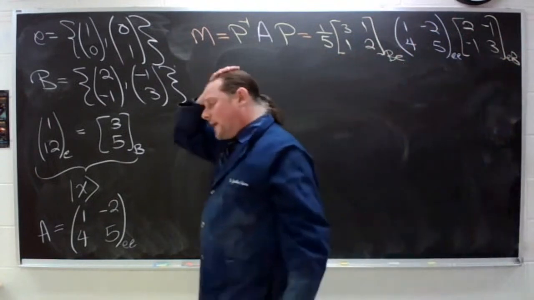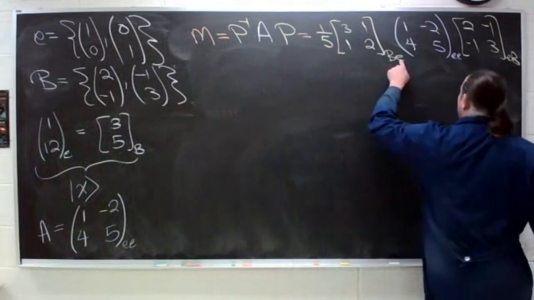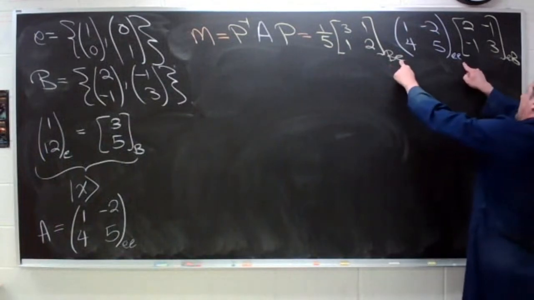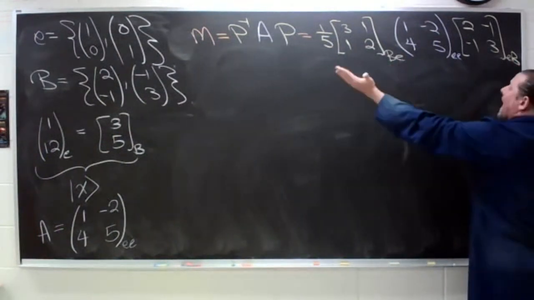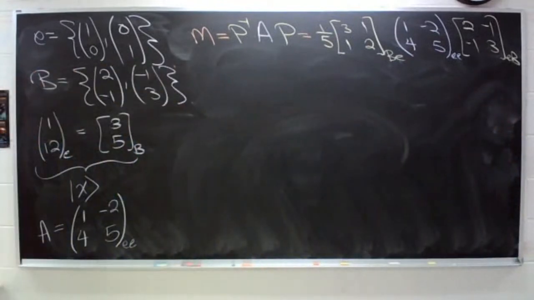And you can see how the indices work along the subscript. We go BE, EE, EB. So the output of this multiplication is going to give us a matrix that transforms R2B to R2B.